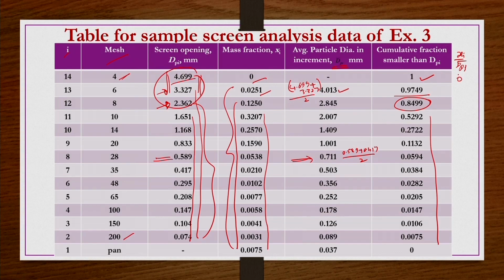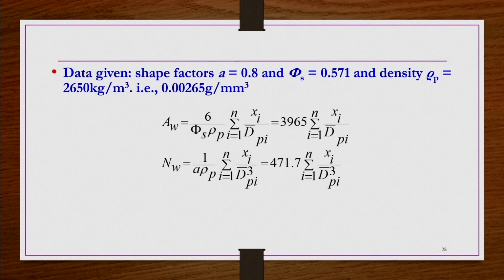The first should be 0, and here it should be 0.0251 divided by 3.327, like that all the values we have to have here and then do the summation. When you do that, you get this particular sigma xi by dpi bar. The remaining factor, 6 by pi s rho p, has a value of 0.3965.